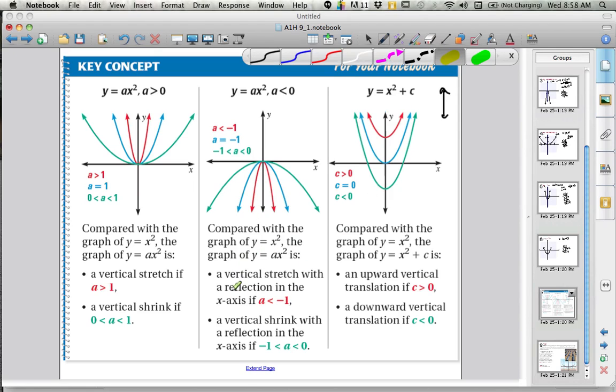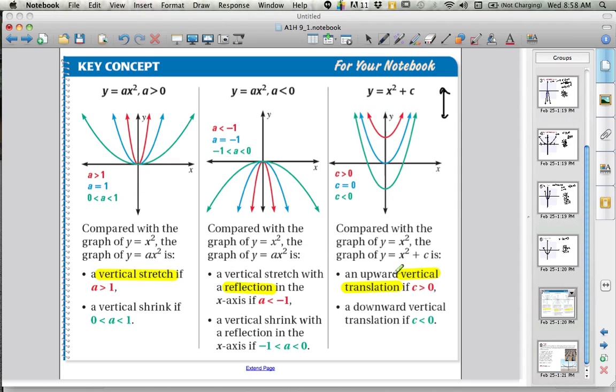So these are important words, right? So vertical translation is shifting it up and down. Reflection would be flipping it over an axis, in this case the x-axis. And here, when we're talking about the change of the shape, the widening and narrowing, that's called a vertical stretch.